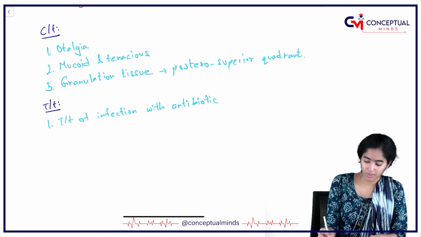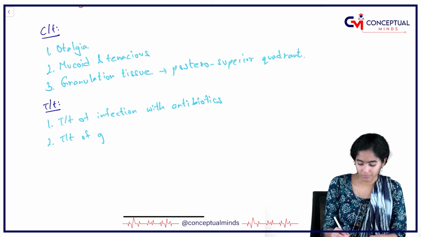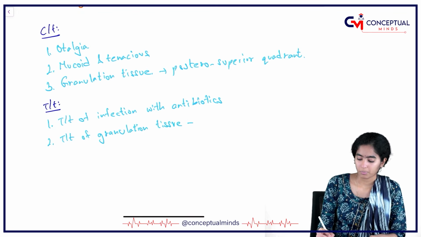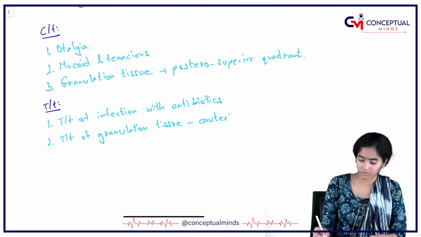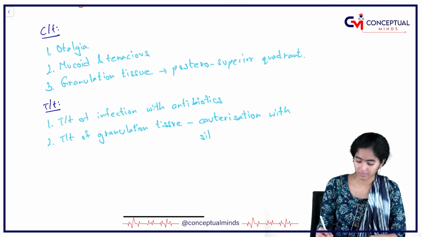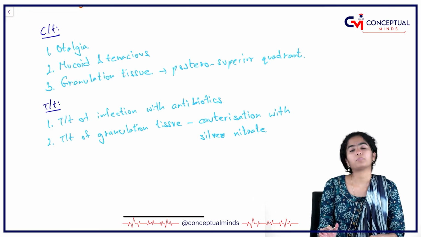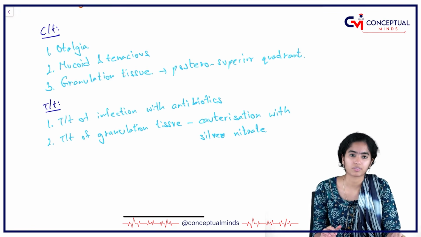And second important part is treatment of the granulation tissue, and that can be done by cauterization with silver nitrate. This is about Myringitis granulosa.